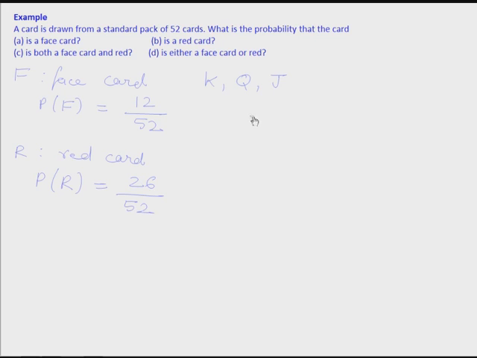So we're asking for the intersection, the probability of F intersection R. To calculate this, we need the number of cards that are both a face card and red. Out of the 12 face cards, 6 will be red and 6 will be black. So the number of cards that are both face and red is 6, and the probability is 6 out of 52.